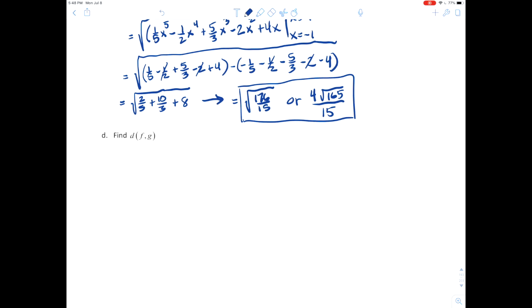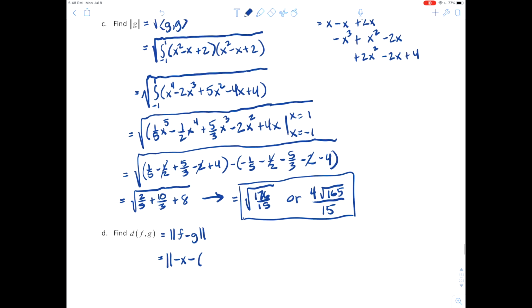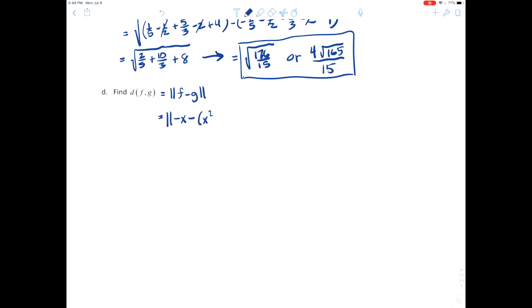So here we go. That's going to equal the magnitude of f minus g, which will be equal to, let's see what this looks like. The magnitude of f, remember, was what? -x, and then minus g, and g was what? x squared minus x plus 2.